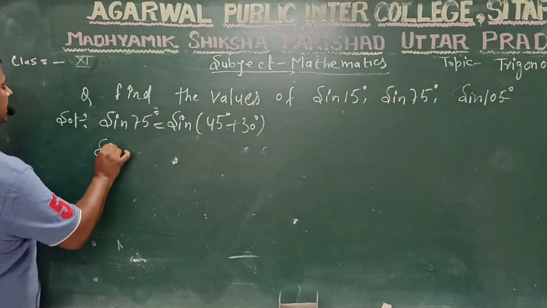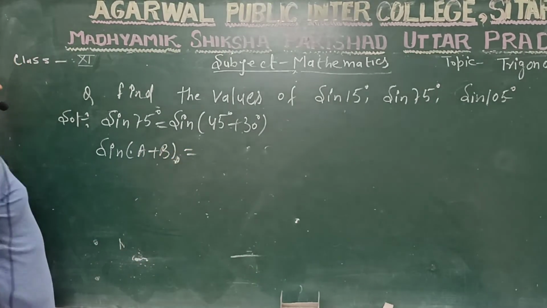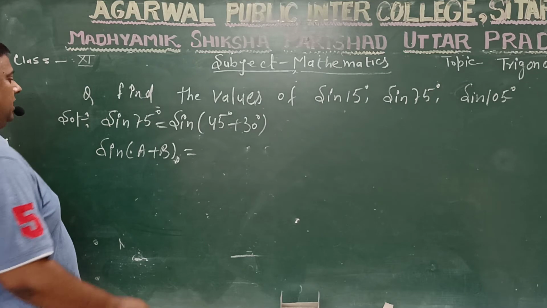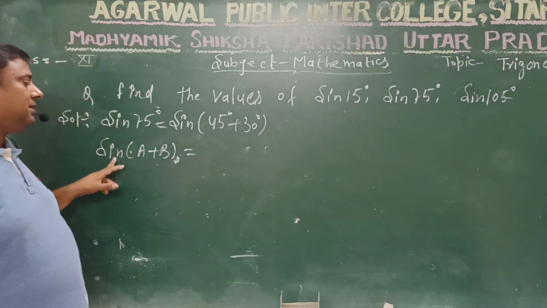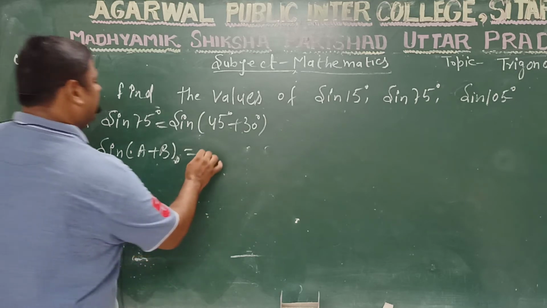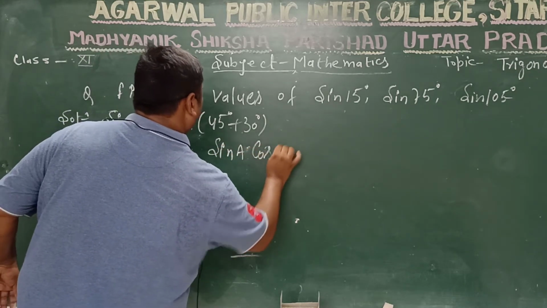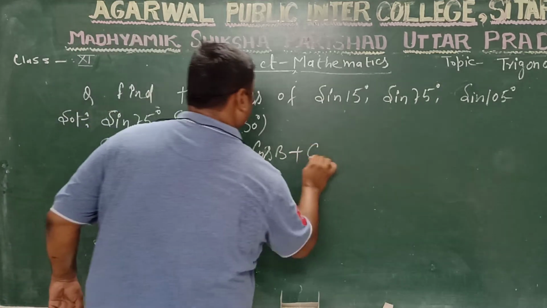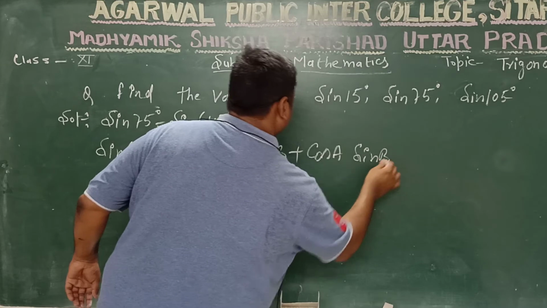Now we are using the formula of sin A plus B. In the starting of class, we wrote sin A plus B is sin A cos B plus cos A sin B.